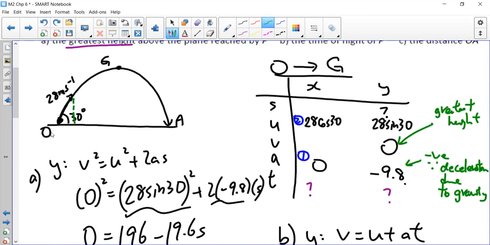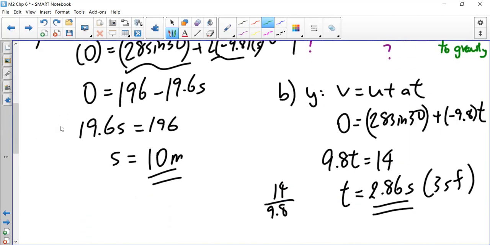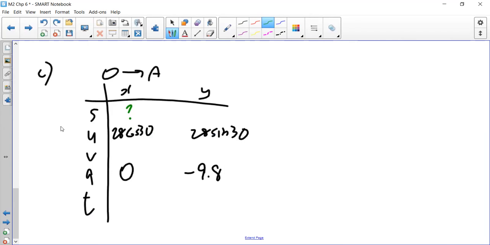From O to A, because they are on the same horizontal level, it means vertically you have not traveled, because you've gone up and you come back down. So technically, vertically, you have not traveled. What does that mean? If you go up on a plane, you go from Heathrow Airport, one place to another, and come back down. Let me draw the aeroplane.